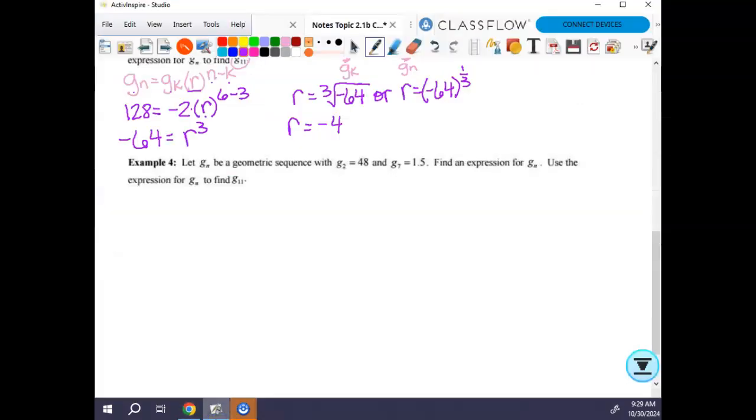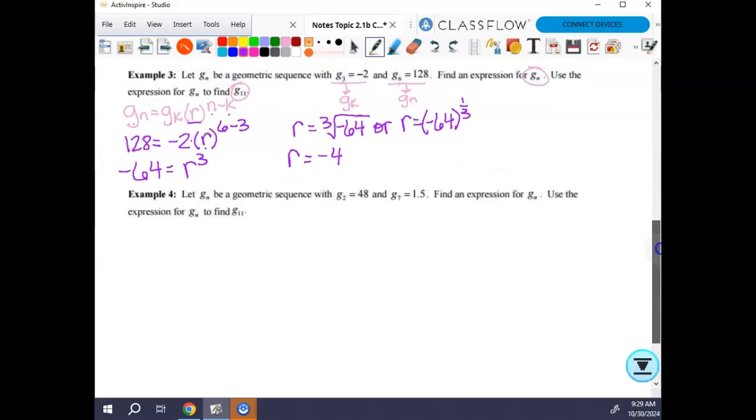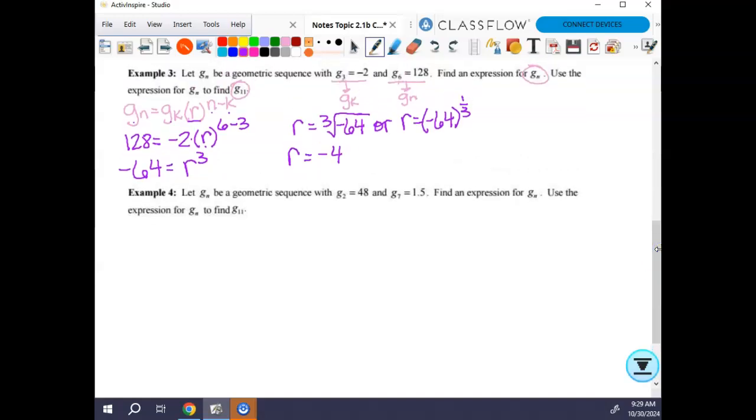All right, so now I have r equals -4. Now I need to find the expression for g sub n. So g sub n is equal to. Now, when I'm done writing this, g sub n stays there, and n stays there, which means I don't need this anymore. I needed this to help me find r.